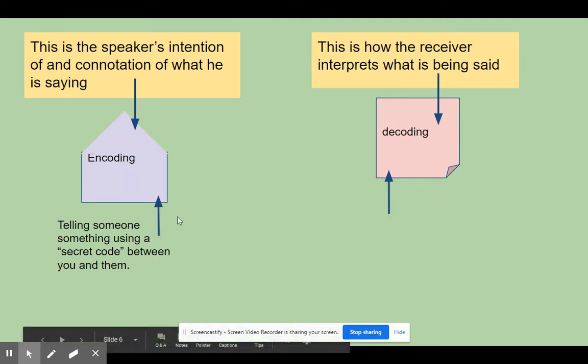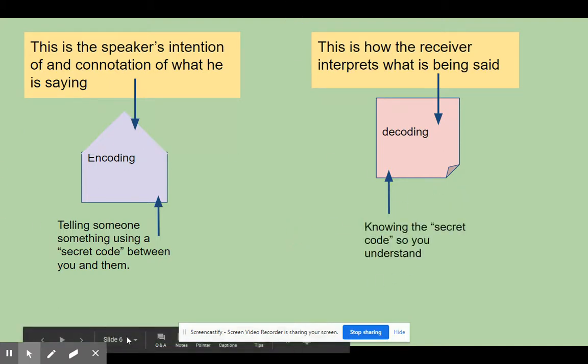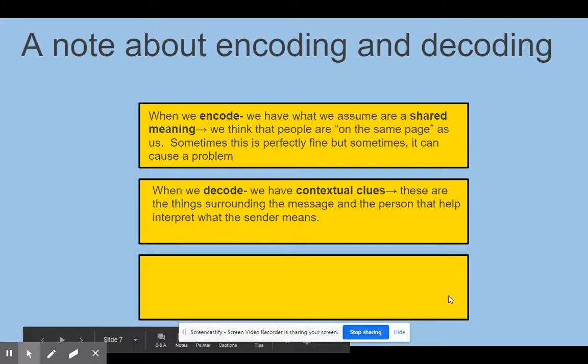So the encoding is telling something using a secret code between you and them. Let's say that ice cream actually means, do you like going to see the movie? So you're saying, do you like ice cream? And you're asking them if they want to go see a movie, but they don't know that you're talking in code. So they decode the message incorrectly. That would be an example of an interference or a problem.